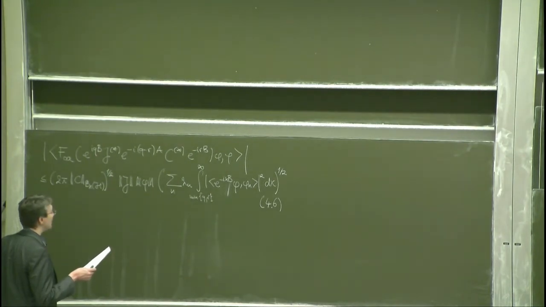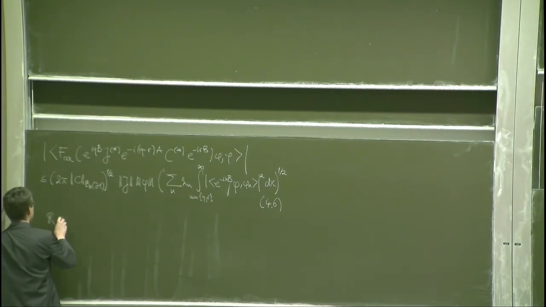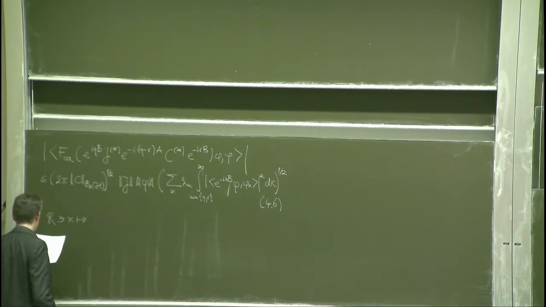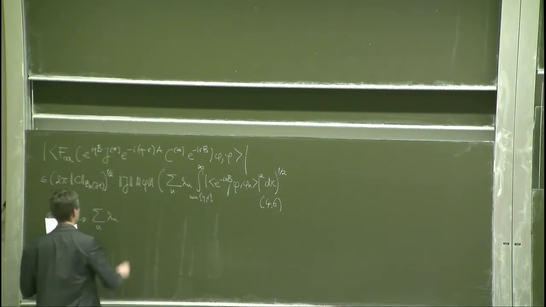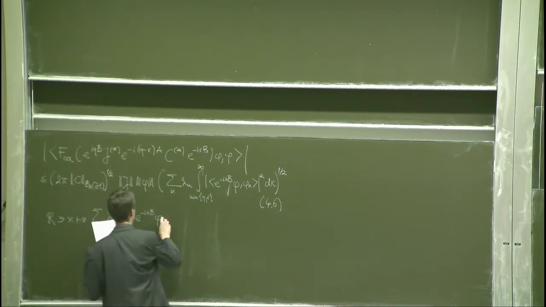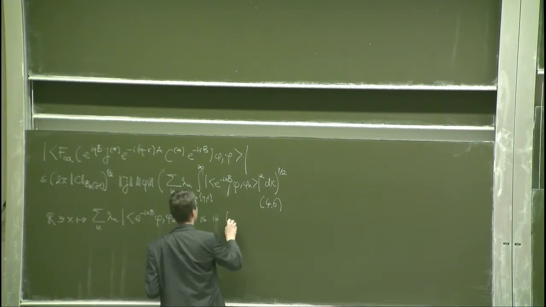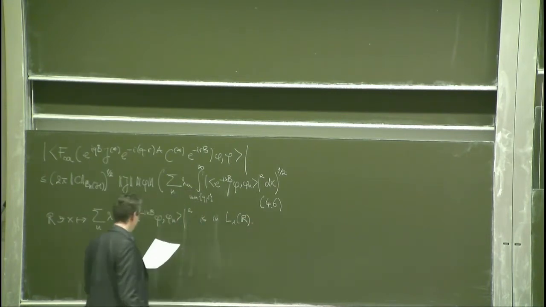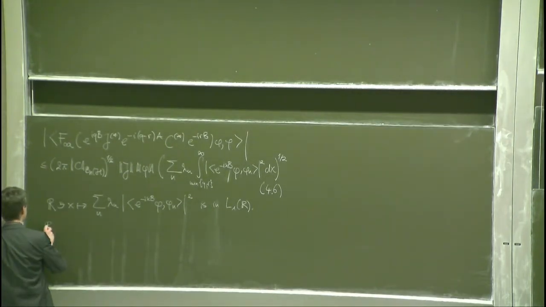And we found out on the other blackboard that in view of Beppo-Levi's monotone convergence theorem, the function that sends x to the sum over n, lambda n, absolute value exponential minus I xb phi times phi n to the power of 2 is in L1. Okay, and now we can continue by Lebesgue's dominated convergence theorem.